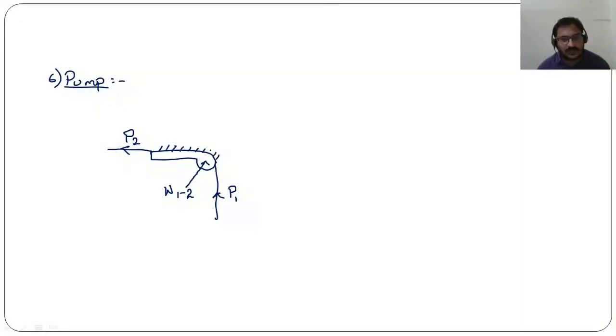Suppose if this pump is insulated and there is no heat loss, then what is going to happen is this water initially will have certain enthalpy at inlet, and H2 is the enthalpy at exit. Now neglecting the kinetic energy variation and potential energy variations for the pump, here what is going to happen is H1 is the enthalpy with which water enters the pump.